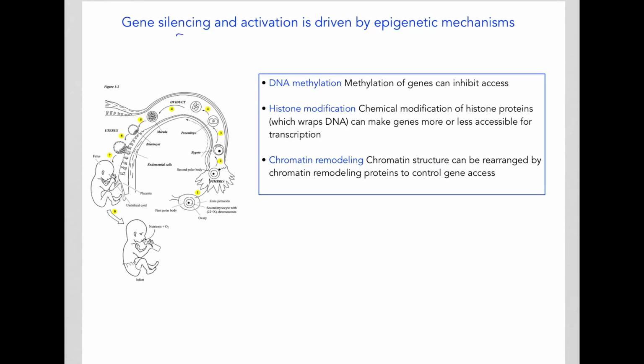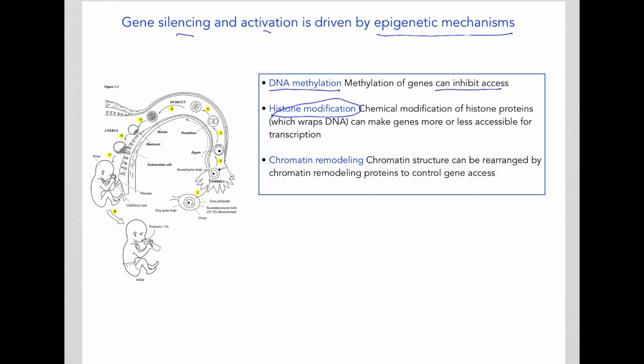Now, gene silencing as well as gene activation is actually driven by epigenetic mechanisms. Examples of this include DNA methylation. By methylating the nucleotides in the genes, in the DNA, one can inhibit access to the genes. Another is histone modification, chemical modification of histone proteins.